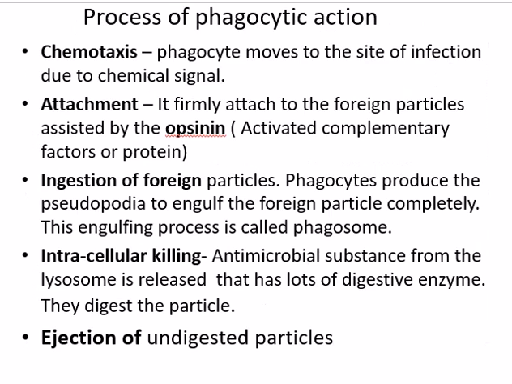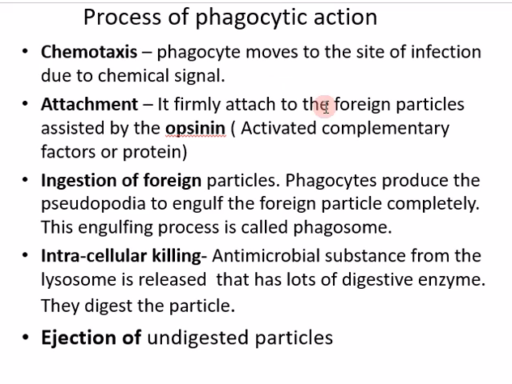Okay, now next, just to give you a brief idea of how phagocytic action happens. The chemicals or foreign particles that enter the site get a chemical signal, and the cell moves towards those foreign particles or chemicals.